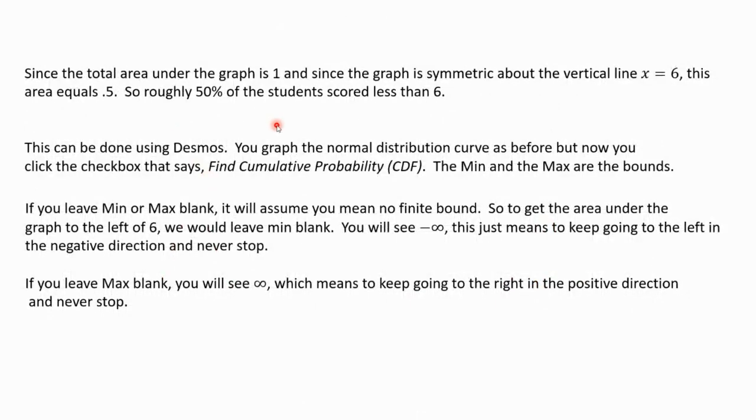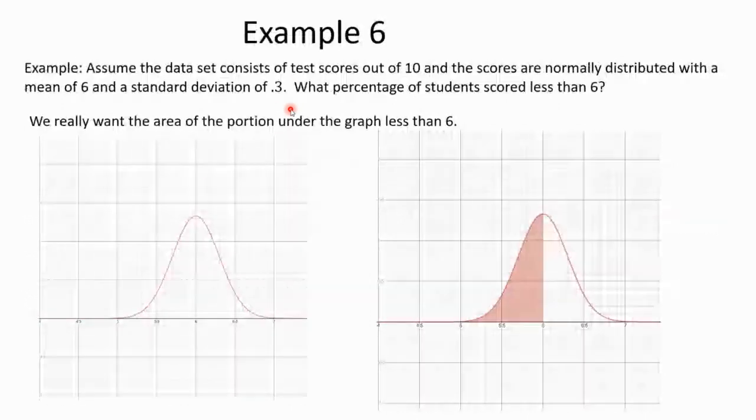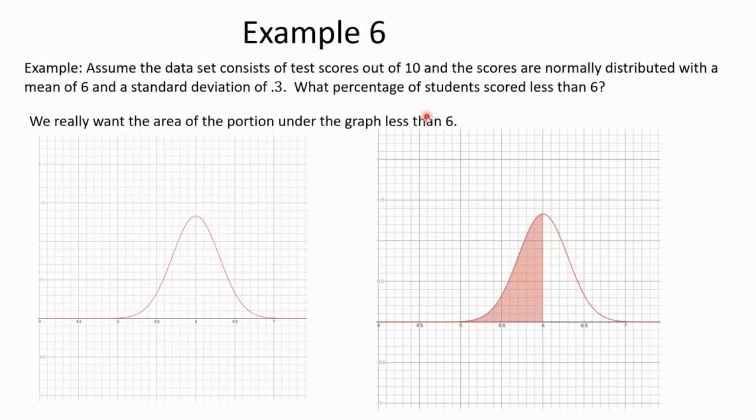So in other words, it would be about 50%, roughly. I'll show you another way to get that, a more concrete way, because what I said was right, and I hope it made sense. But basically what I'm saying here is that roughly half of the students, 50% of them, scored less than 6.